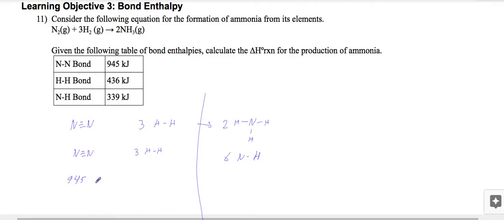So 945 plus 3 times 436. And then we subtract that from 6 times 339. And actually I do have a calculator right now, so how about I do that and get the answer.